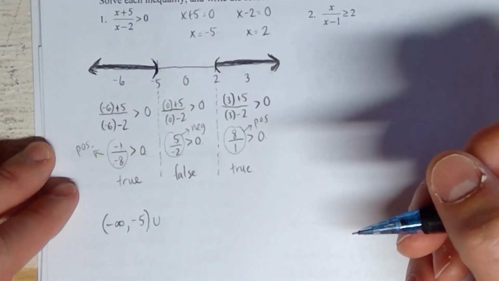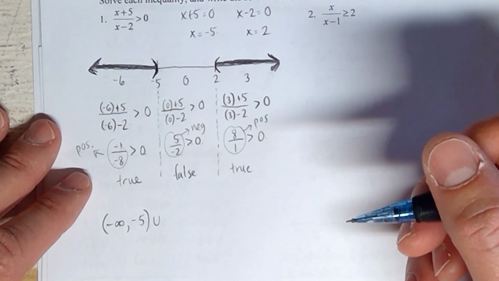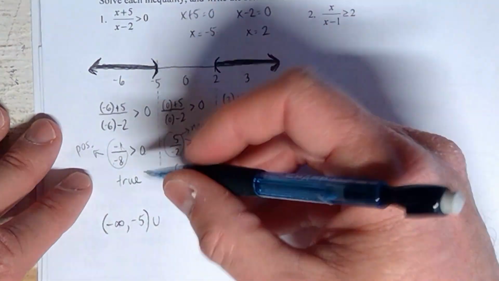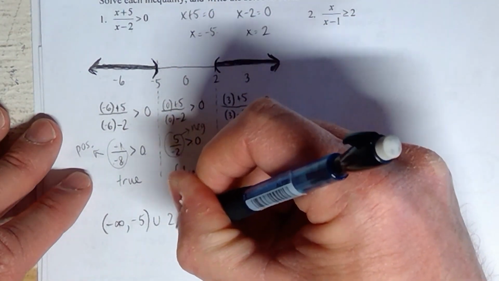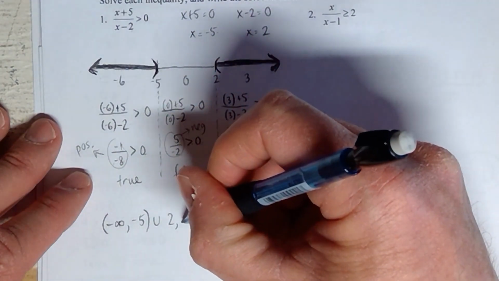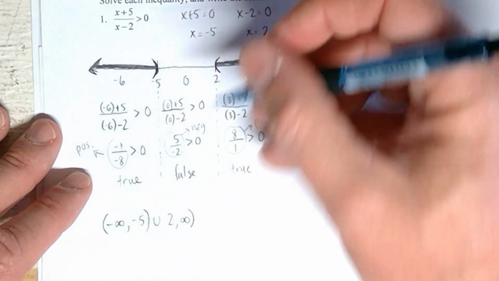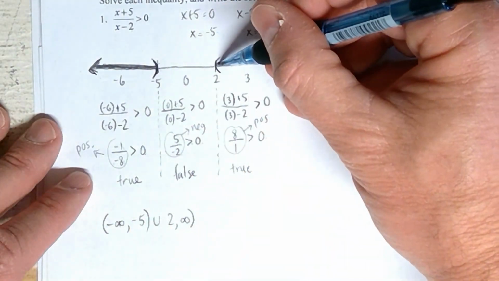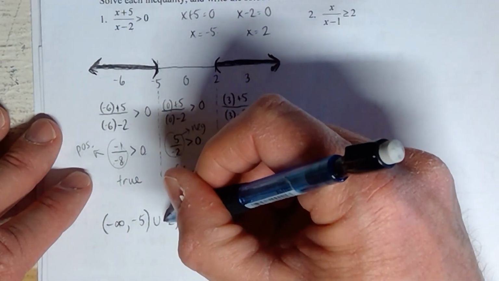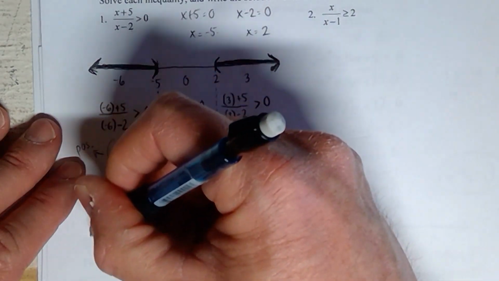Yes, the U needs to be there. That's mandatory. Okay. And then it starts back up at 2, and it goes all the way to infinity. Infinity is always round, and then because the number line told us so, the 2 also has a round bracket next to it. And there you go.